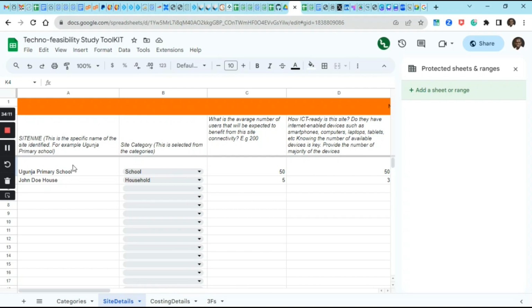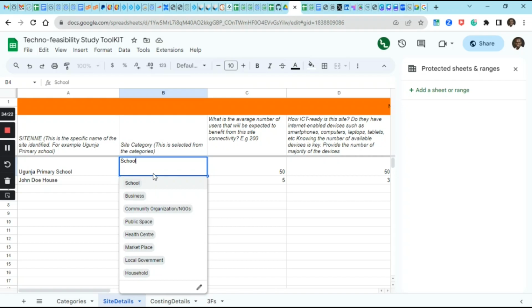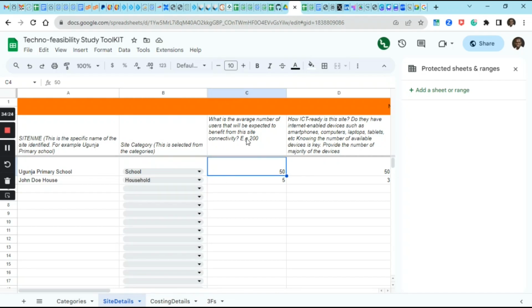For example, I use here Kunja Primary School. It is a particular school, so we treat it as individual. So in the category site, it is a school, and we now need to know how many average users we have there. In short, if we deploy a network in that particular school, how many people are going to use it or benefit from it?